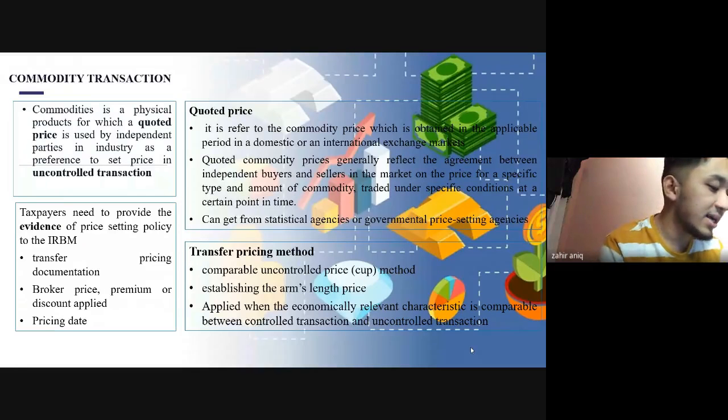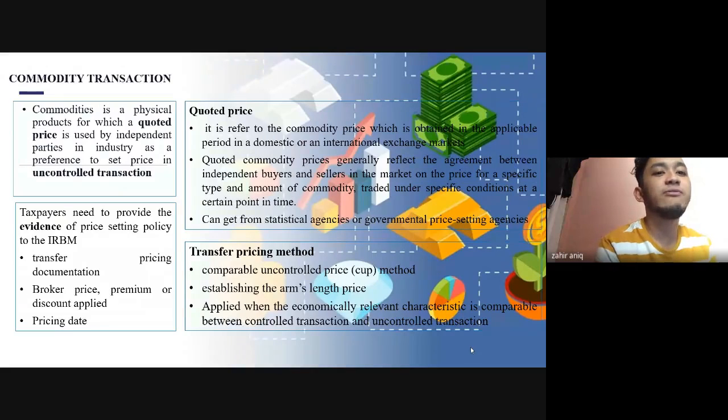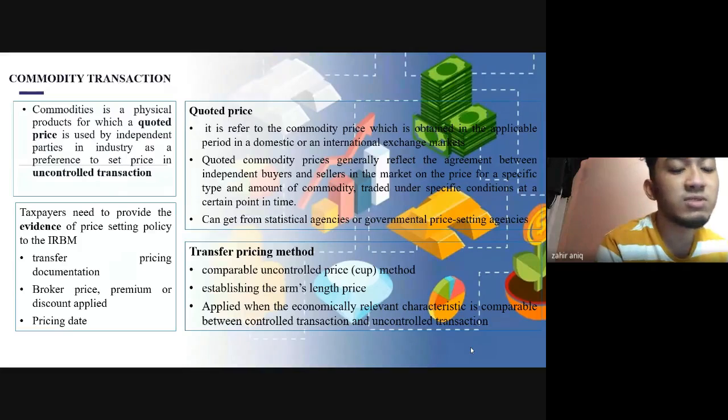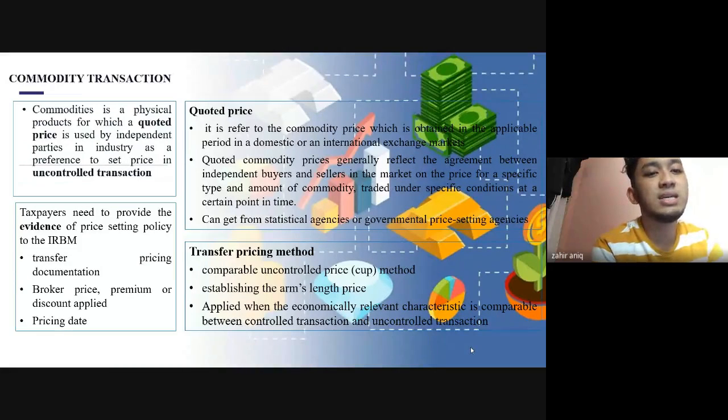What is meant by quoted price? It refers to the commodity price obtained in the applicable period in a domestic or international exchange market. Quoted commodity price generally reflects the agreement between independent buyers and sellers in the market on the price for a specific type and amount of commodity traded under specific conditions at a certain point in time.